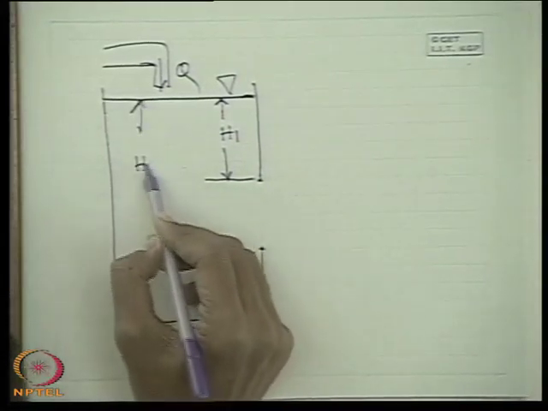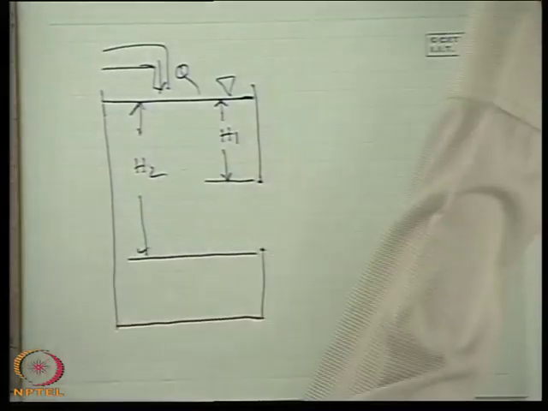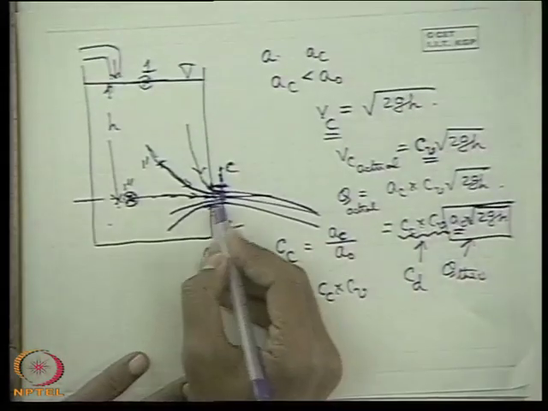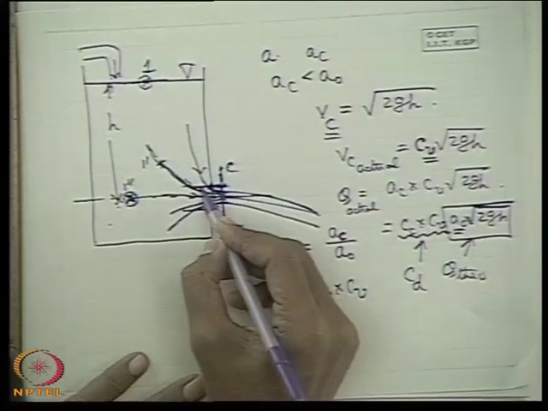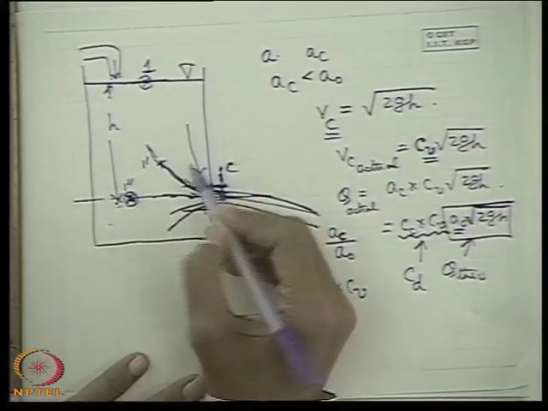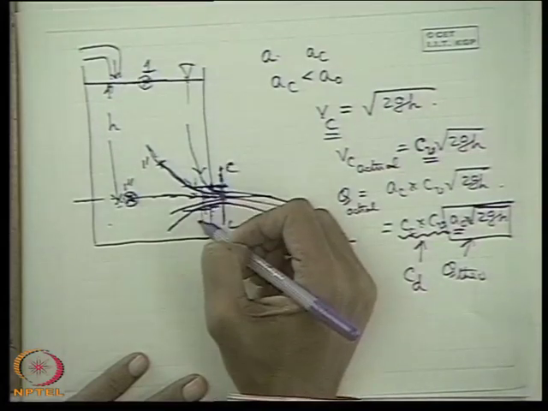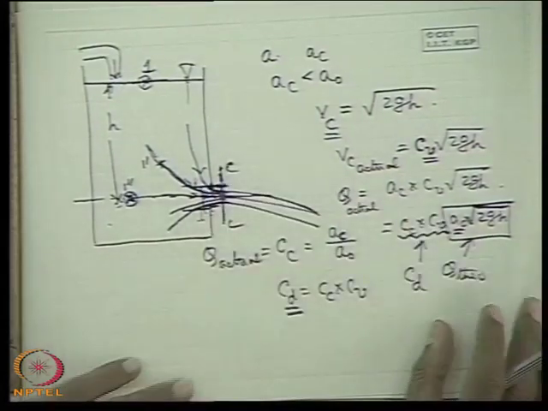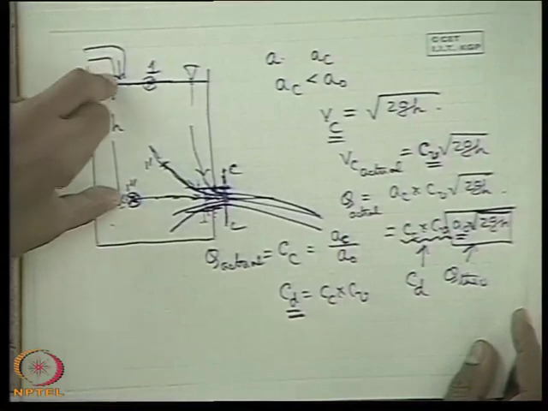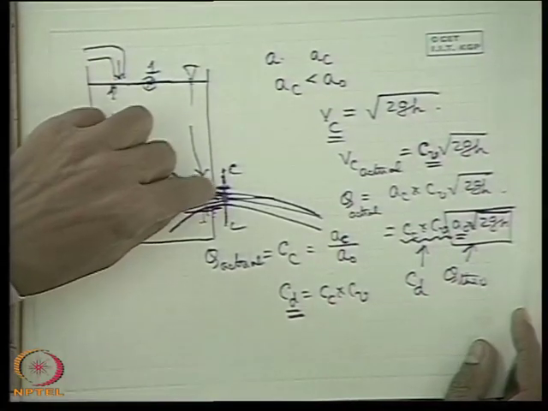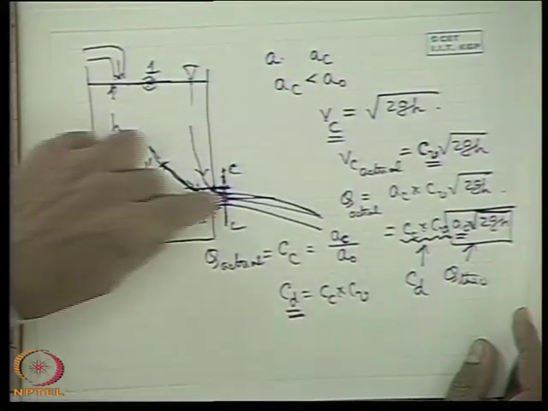So H1 and H2 are different. Earlier, when we defined H1 and H2 from the top and the bottom, this height was so small compared to H that H1 and H2 were very nearly equal.